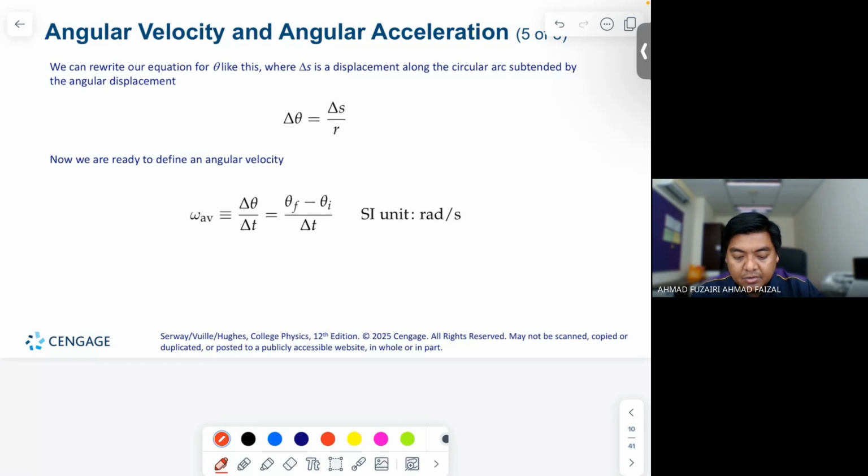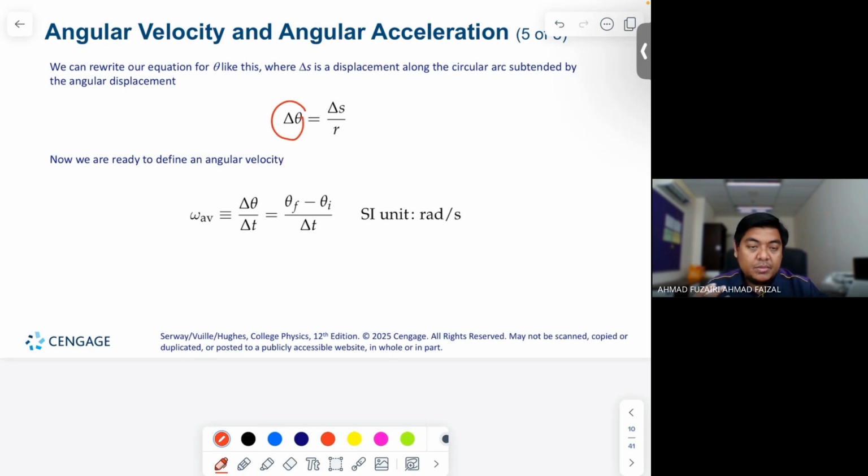So we can also rewrite our equation of theta, where delta S is the displacement along the circular arc subtended by the angular displacement. So now we are ready to define angular velocity. Just now we talked about angular displacement.